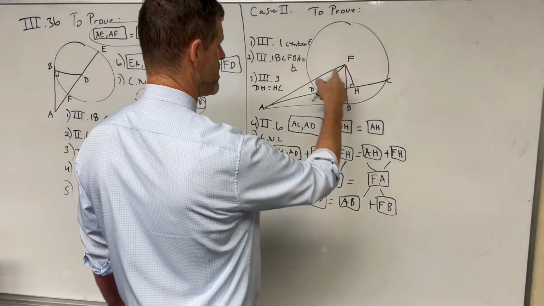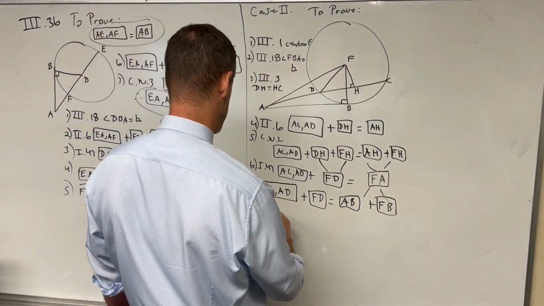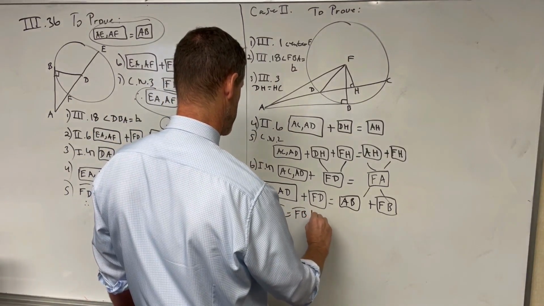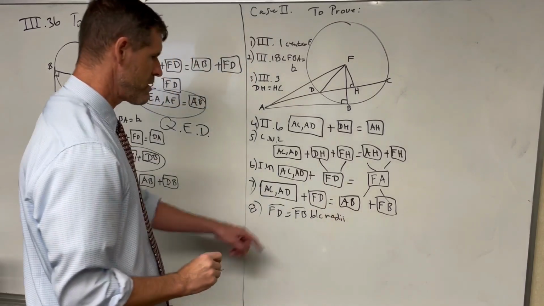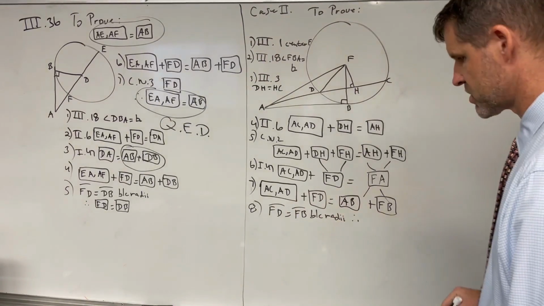But we know that FB and FD are equal because they're radii. So the line FD equals the line FB because they are radii, and therefore the squares on them are equal. So the square on FD will equal the square on FB.